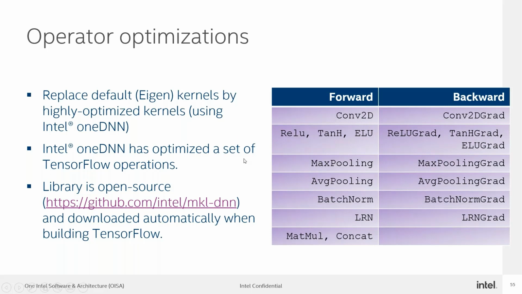So we can see our normal Conv2D can be replaced with oneDNN's MKL Conv2D. It will be replaced automatically by the optimization. So we can see there are so many operations here also.